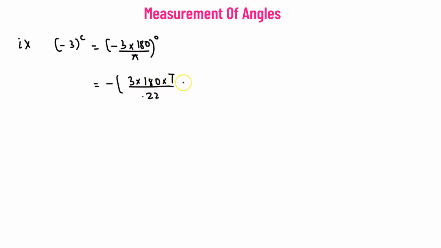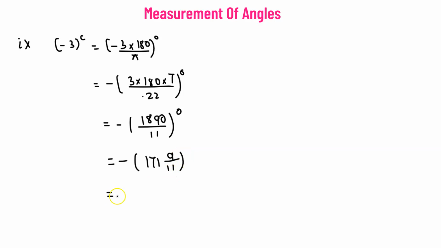So we have 7 over 22 multiplied to it. So this will be in degrees. And this is going to give us a fraction 1890 over 11. And we want to write it in the mixed format. So in the mixed format, it will be 171 and 9 over 11. So that means we have -171 degrees and 9 divided by 11 degrees.